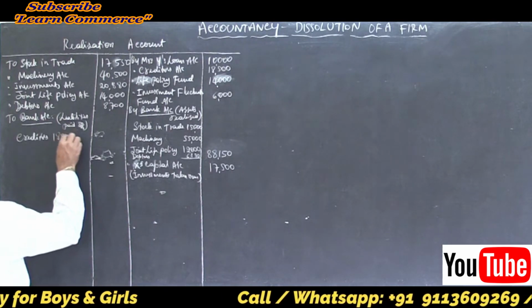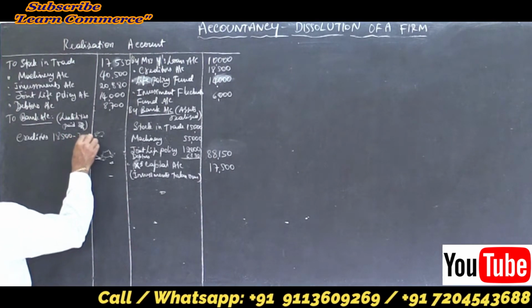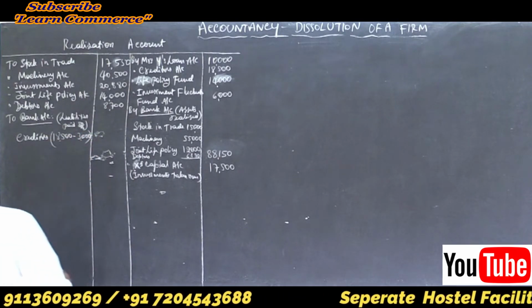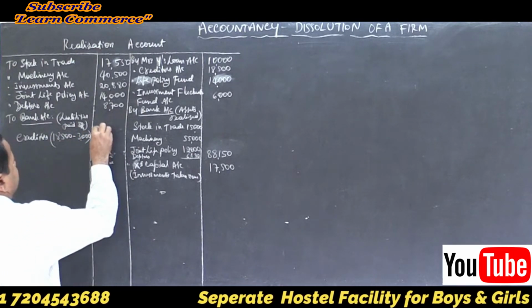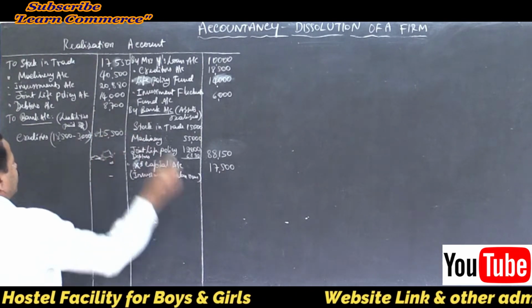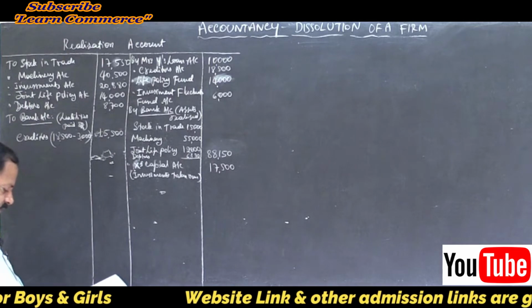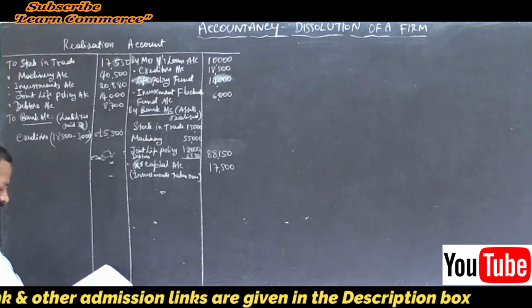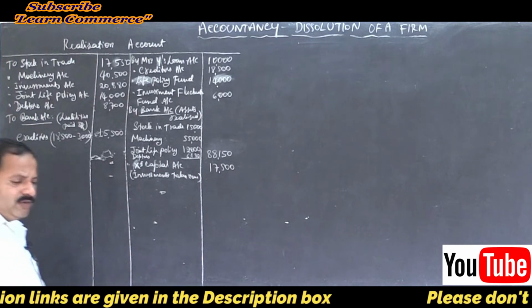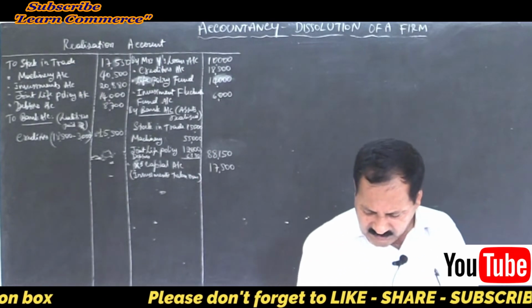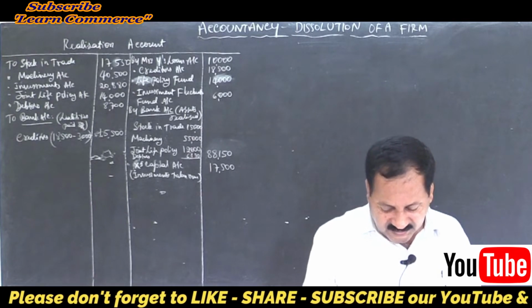Deduct it and write the amount. 15,500. Correct? Then anything else? There are no realization expenses in the problem. Are there? Yes, there are. 600 rupees realization expenses.